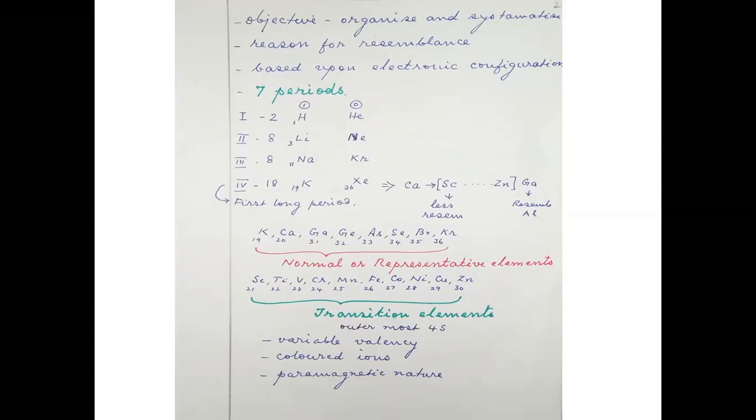But in the fourth period, 18 elements are present because of the introduction of the 10 transition elements in between potassium and gallium. The reason is the filling up of d orbitals before the 4p orbitals. So that is the important point.